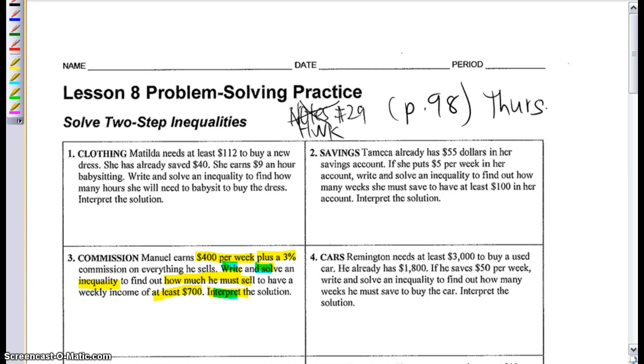Let's get started. We know that there's $400 he's making per week, plus a 3% commission. So if I have a 3% commission, I want to change it into a decimal. What is 3% as a decimal? Is it 0.3 or 0.03? Depends on how many times I'm supposed to move that decimal to the left.